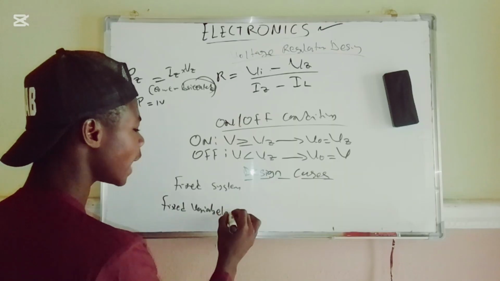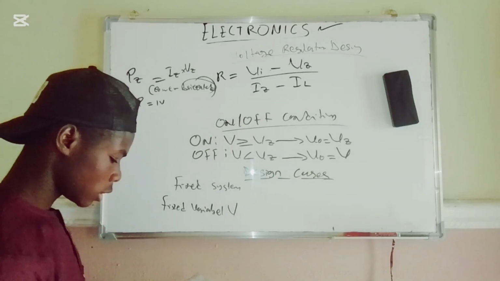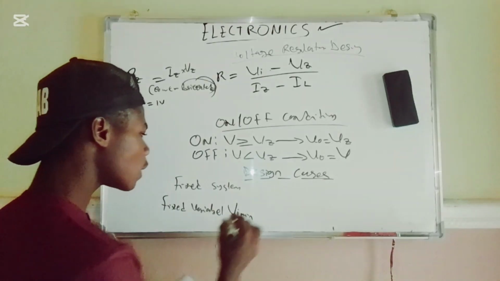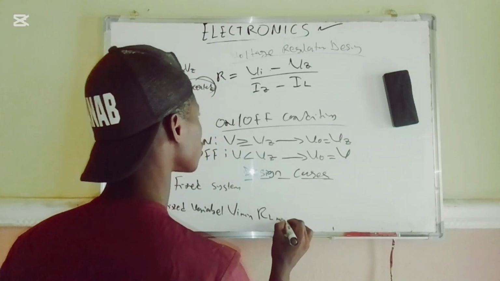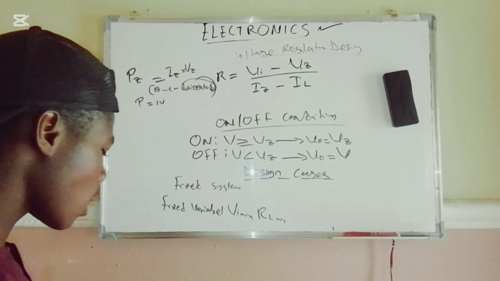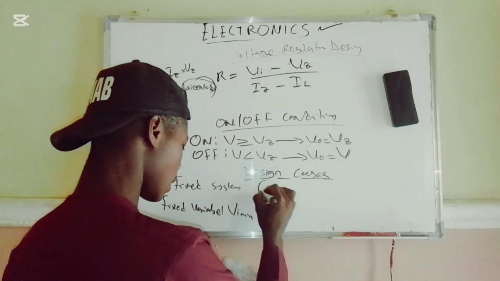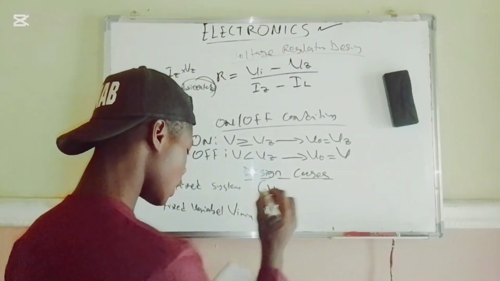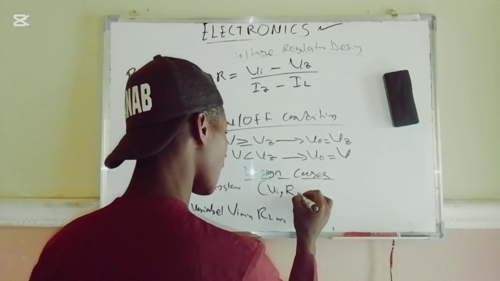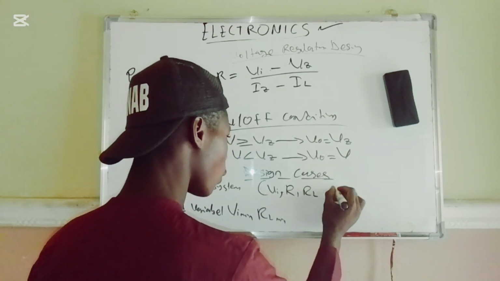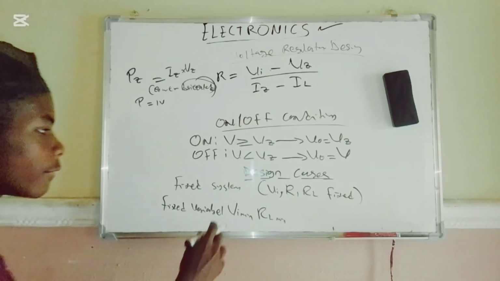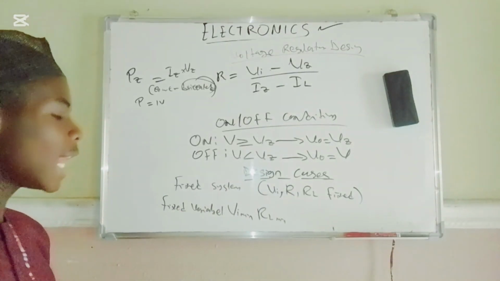We have Vi minimum, and also RL minimum. For the fixed system, we have Vi, the input voltage, the resistance R, and RL, and all are fixed. But we have Vi minimum and RL minimum.